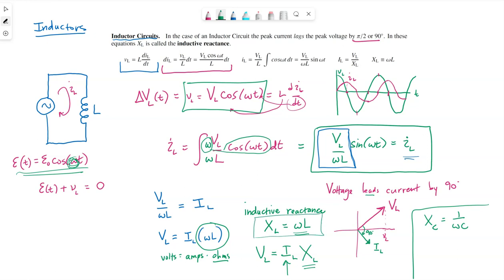As omega gets bigger, X sub L gets bigger. So XC and XL, the capacitor and inductor, affect the current flow based off of not just their capacitance or inductance, but also the angular frequency at which the source is oscillating. But they behave differently. As one gets bigger with angular frequency, the other gets smaller.